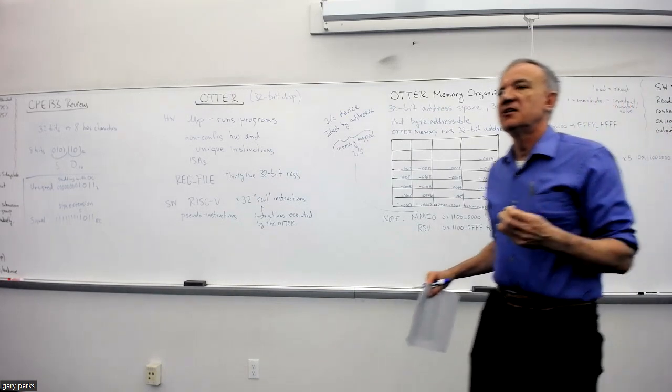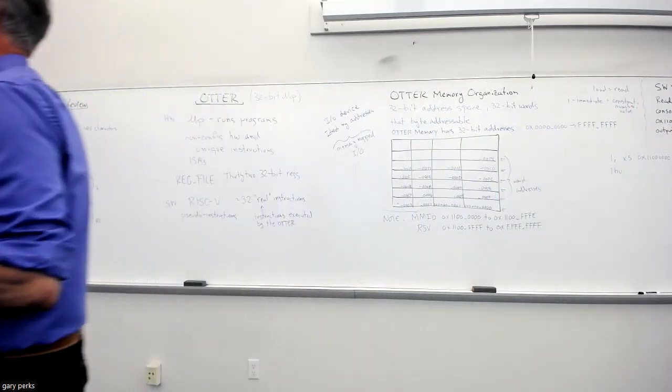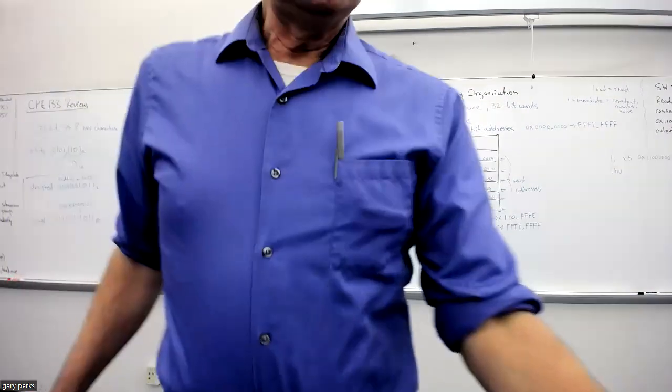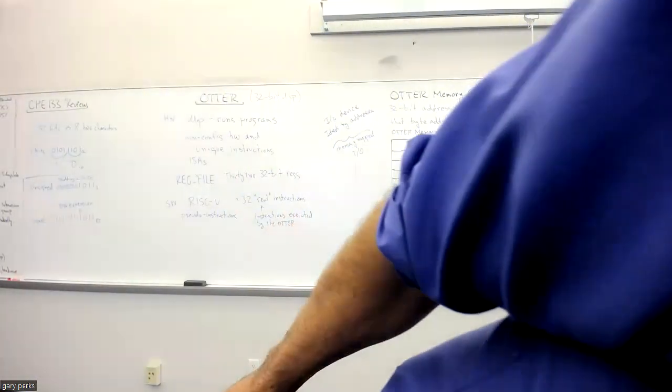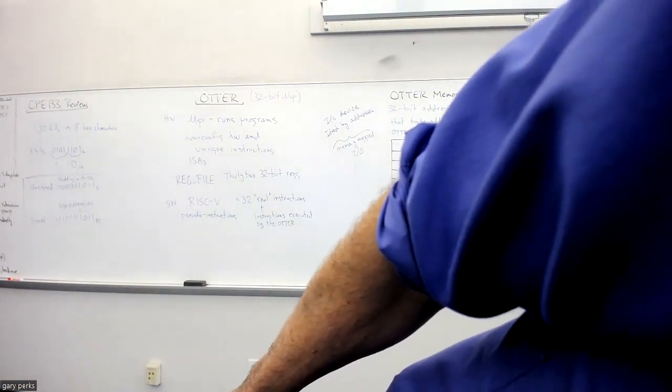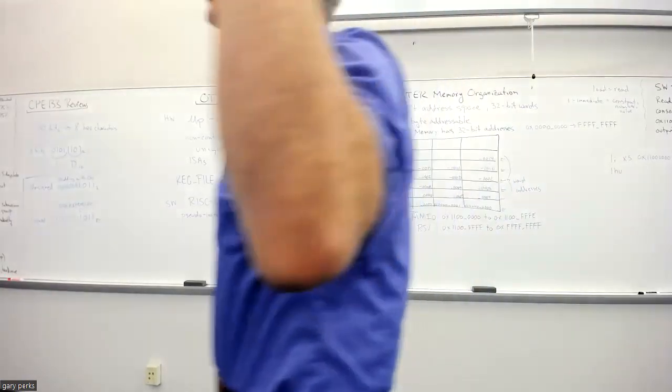I just don't get why we just have X5. X5 is a 32-bit register that's in the reg file. Like this page right here with these registers, these are all 32-bit registers.